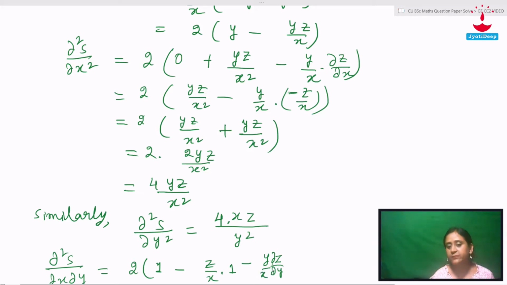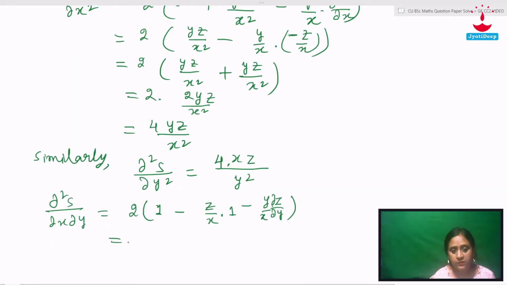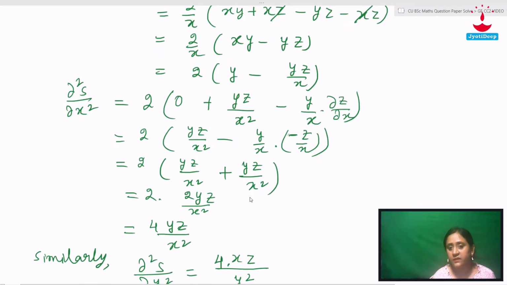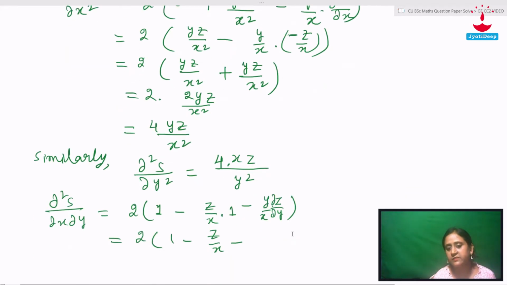Okay. So it will be 2 into 1 minus z by x minus, okay, yeah, understood. We have kept this y by x and we differentiated z here, okay. And now we are going to put the value of del z by del y, that is y by x into del z by del y means minus of z by y, okay.